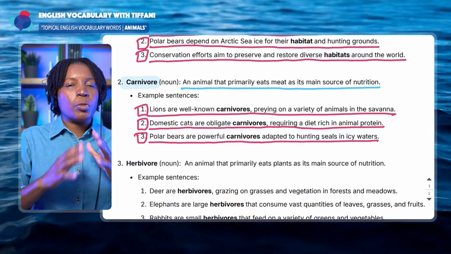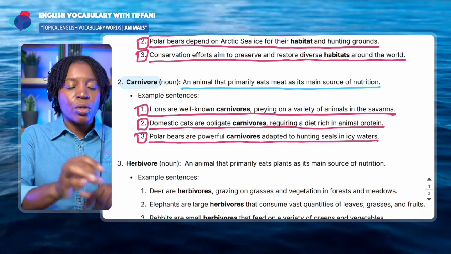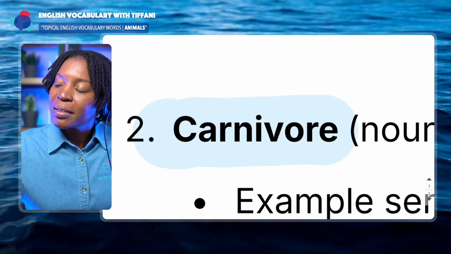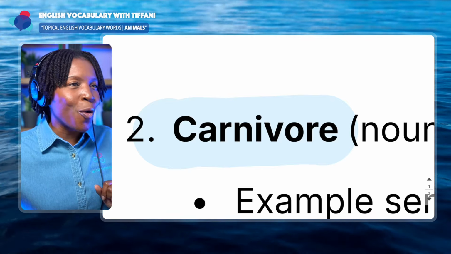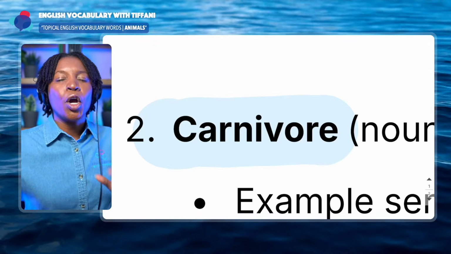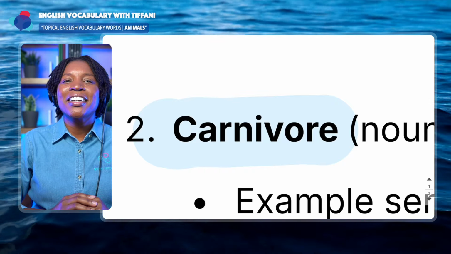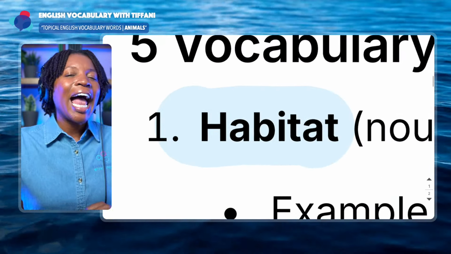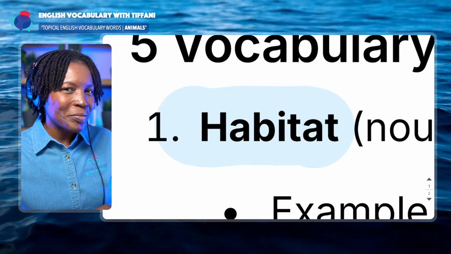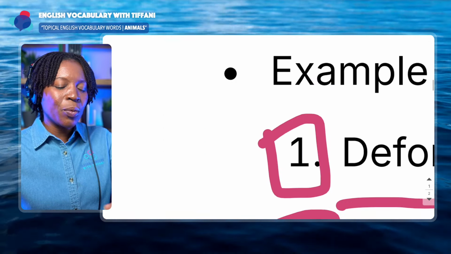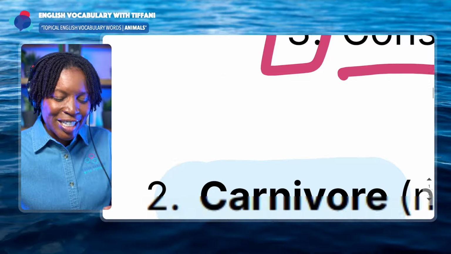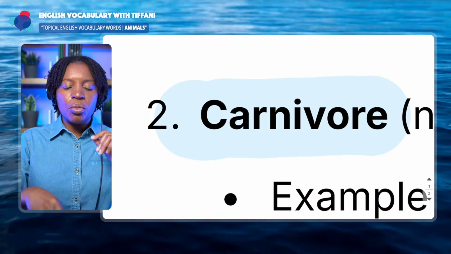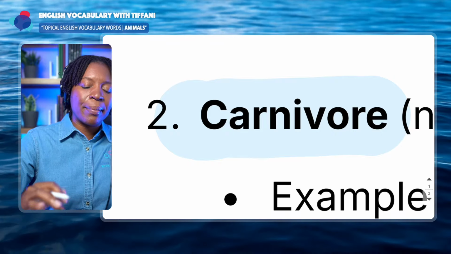So once again, we're speaking about this topic of animals, and our second vocabulary word, what is it again? Yes, carnivore. Excellent. What was our first word? Ooh, great memory. Yes, our first word again, habitat. Good. Again, second word? Yes, carnivore.